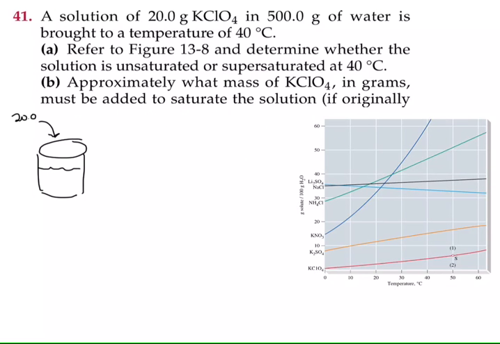Next one, potassium perchlorate again. It gives you the mass of the potassium perchlorate and the mass of the water, and based upon those masses, you're supposed to say where it's going to fall: saturated, unsaturated, or supersaturated.